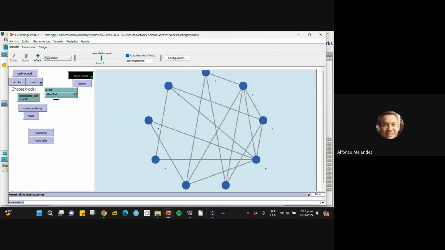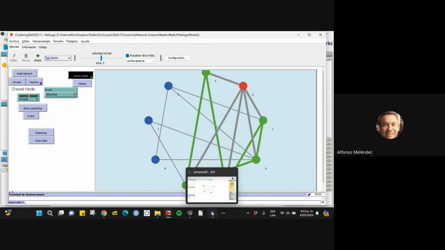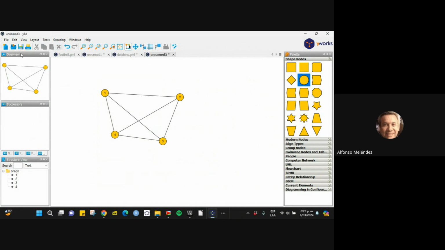This is node 5, with degree 5. This node has 5 friends. What is the maximum number of connections between 5 people? If you have 5 nodes, each node has degree 4, and 4 times 5 is 20, okay? But you divide by 2 because each edge counts twice.